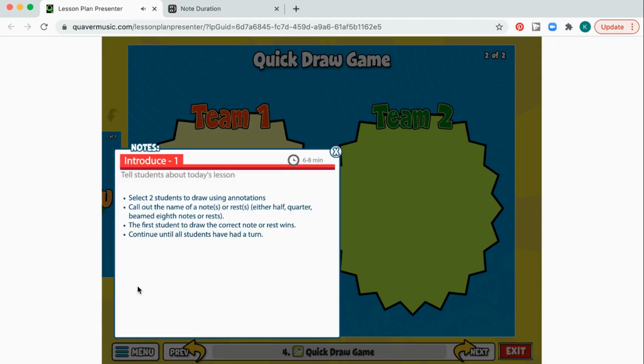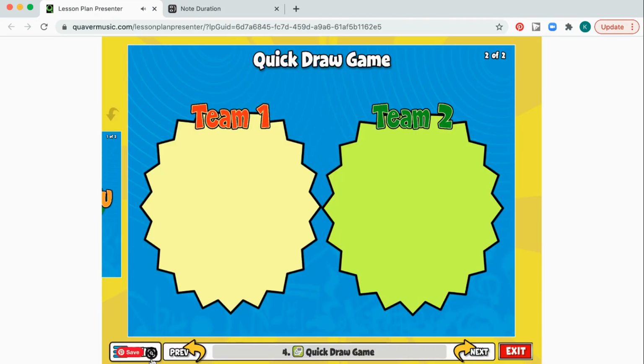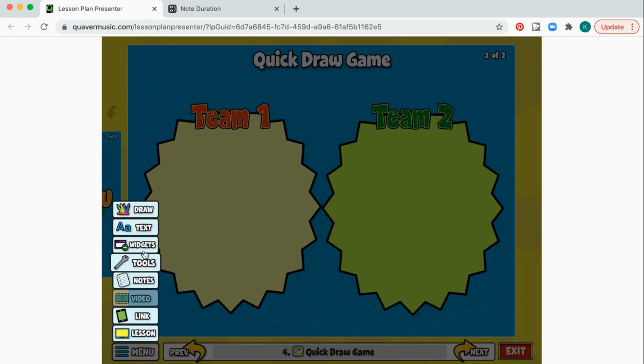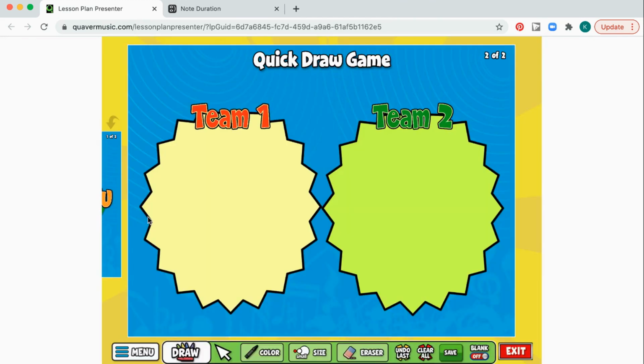there are two people who are about to play this game. They'll each have the annotation available to them. I would shout out either a whole note, a half note, a quarter note, or an eighth note, and you would have to draw it.